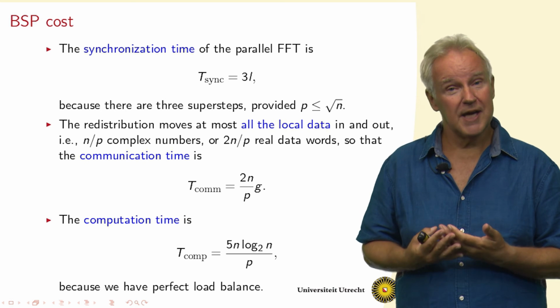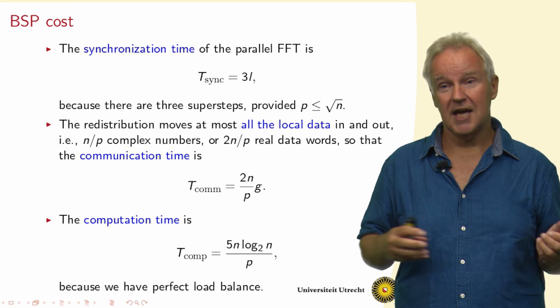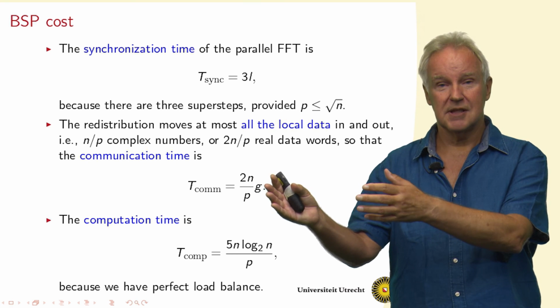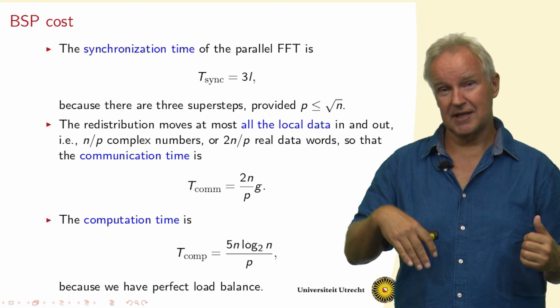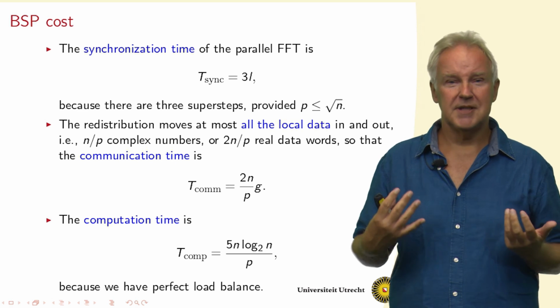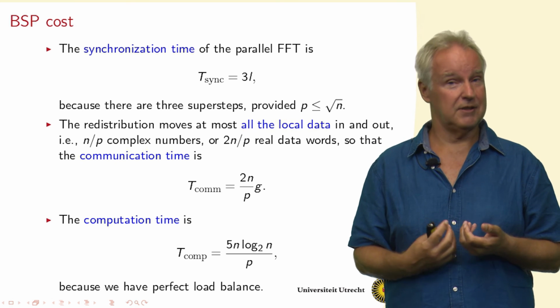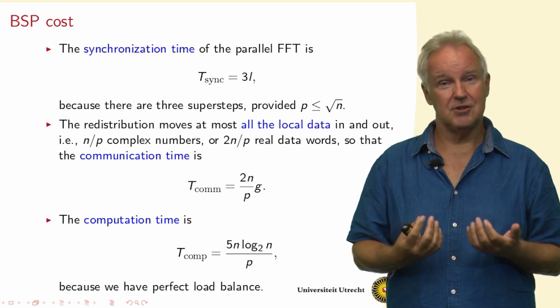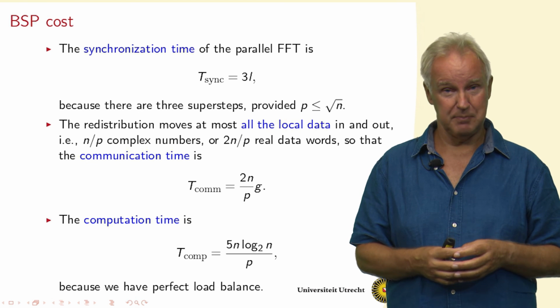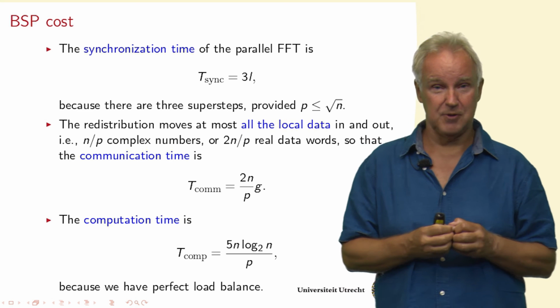So we have 2n over p local data, and in the worst case, everything moves out, and something comes instead of that, moves in. So that means that we have an h relation with h equals 2n divided by p, and the cost will be 2n divided by p times g, the communication cost per data word.